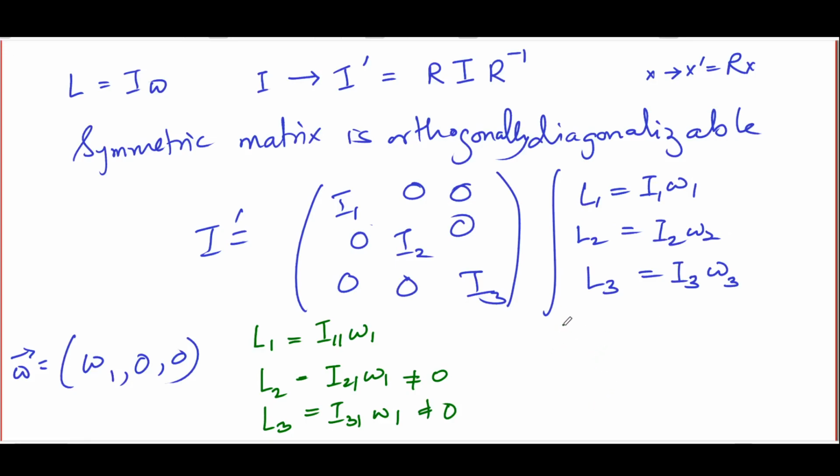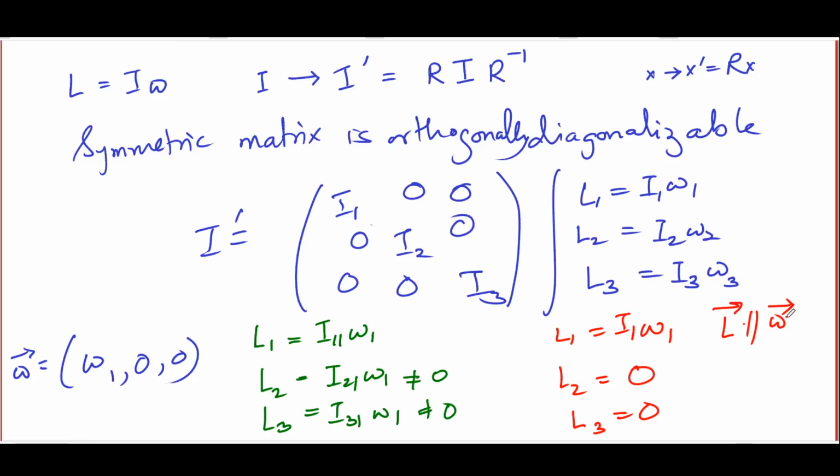Now you will get this result. L1 equals I1 omega 1 and L2 is I2 omega 2, but omega 2 is 0, so L2 is simply 0, so is L3. So now L will be parallel as a vector to the omega vector.